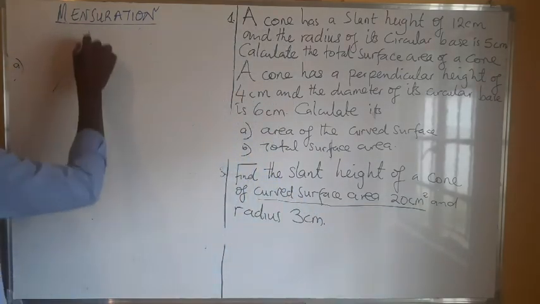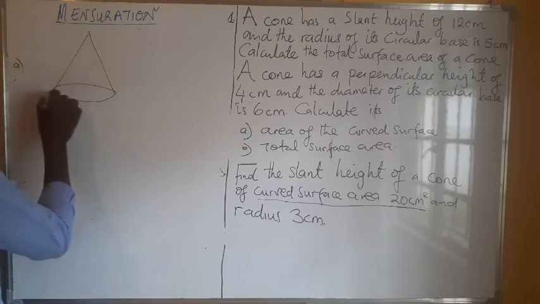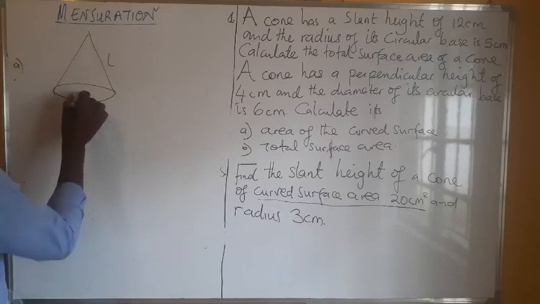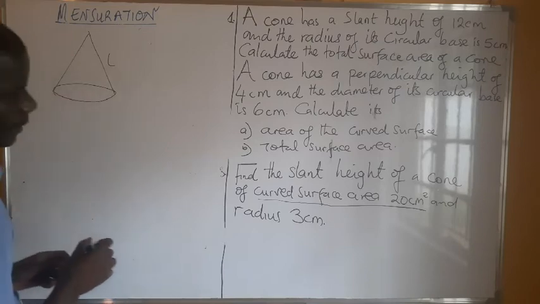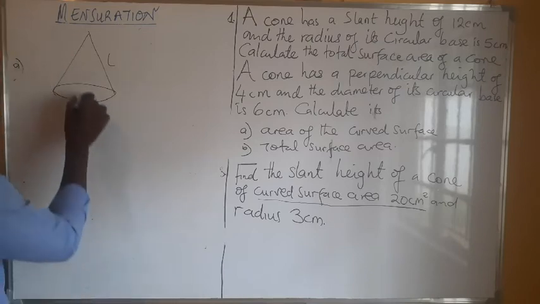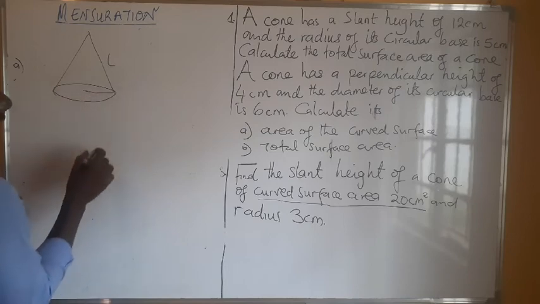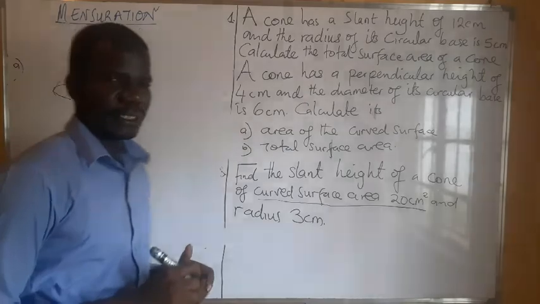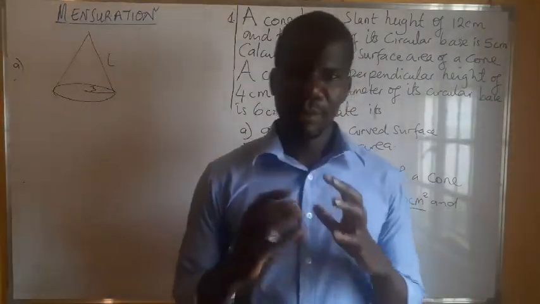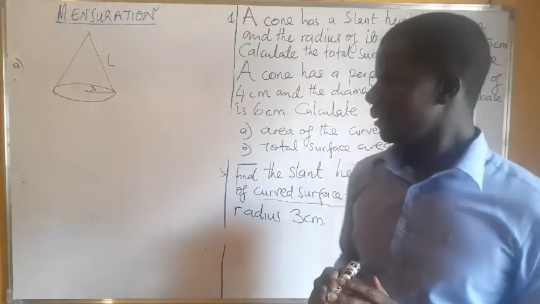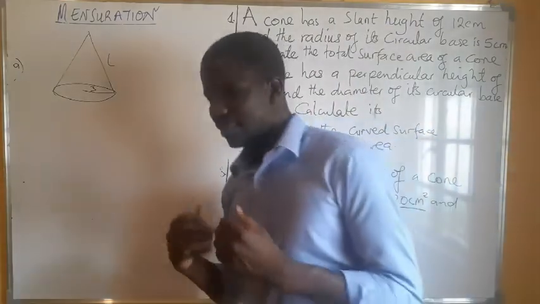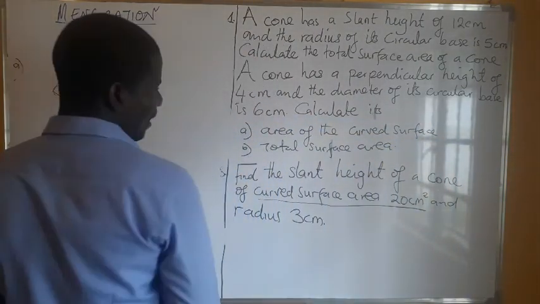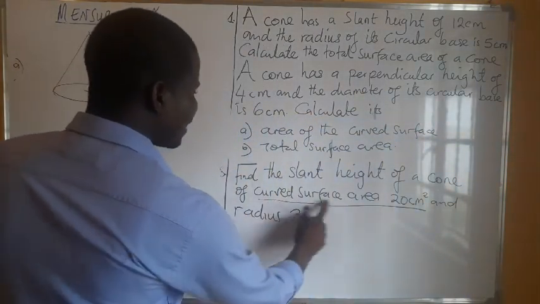We have a cone, and we want the slant height, with radius 3. Now, please can we pay attention? What have we been given in the question? We've been given the curved surface area.